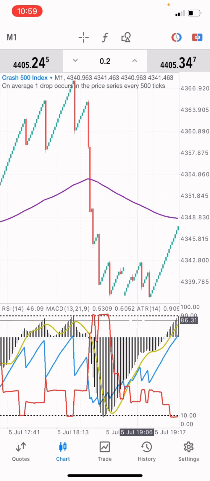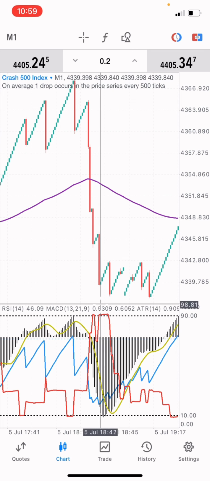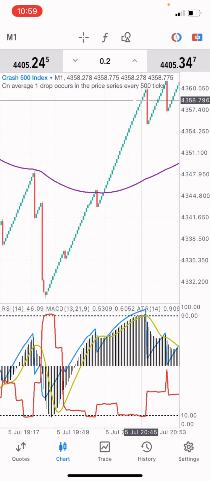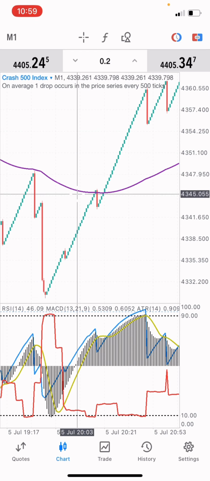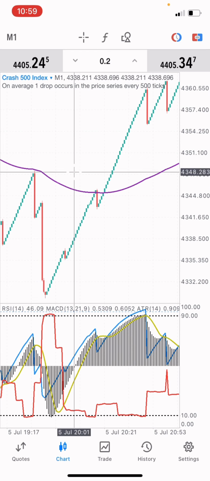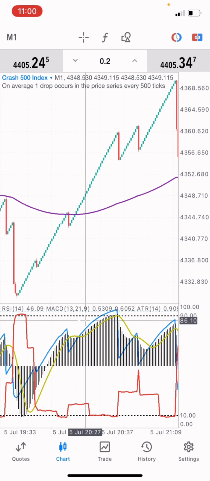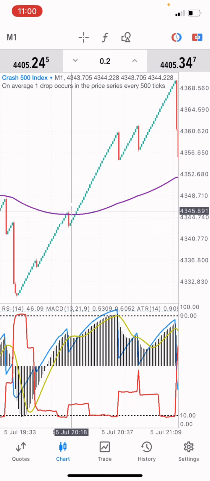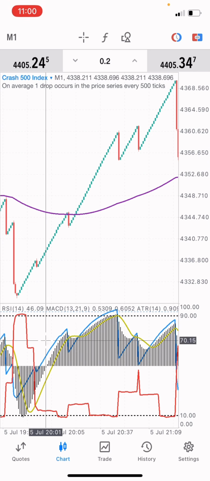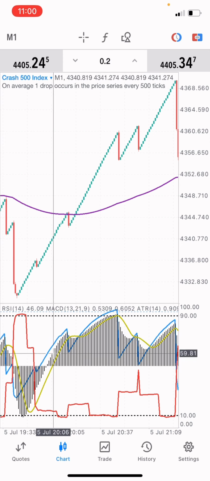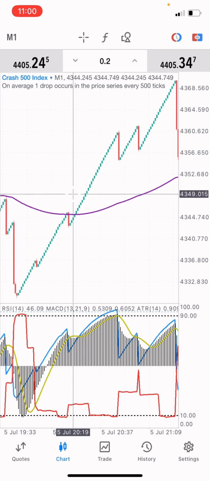Now remember what I said, you're going to take 5 or 10 candles when the price action is above the moving average. That's when we're going to be taking our candles, okay. It's above the moving average at the first MACD, so this is the first MACD above the moving average.